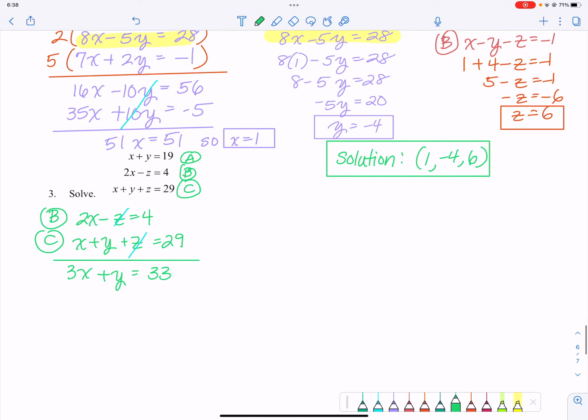So now we could use A and our new equation.